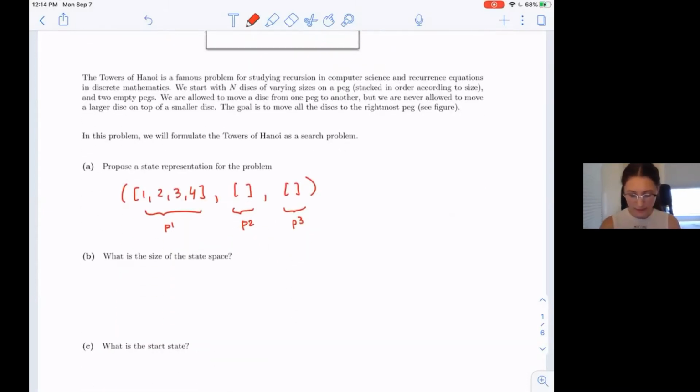What's the size of the state space? Well, let's think about this. In our problem, we have n disks; in this case, n equals 4. So let's write down each of these disk IDs, 1, 2, 3, 4, all the way up to n. Each of these disks is going to be on one of the pegs.